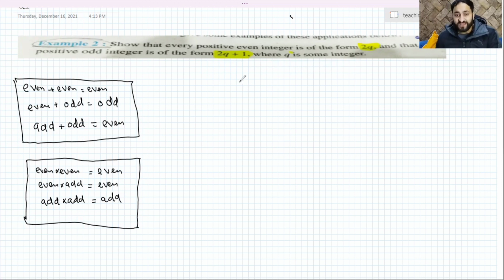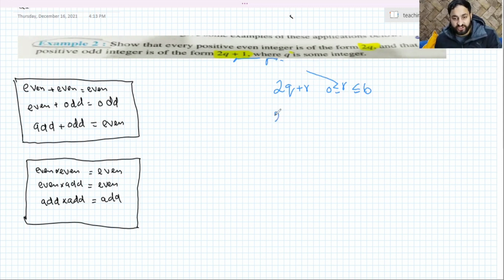Can you write any positive integer in the form of 2q plus r? r should be greater than or equal to 0 and less than b. Is that what's happening here? 2q plus 1, 2q. r is greater than or equal to 0 and less than b. That's what is happening here.